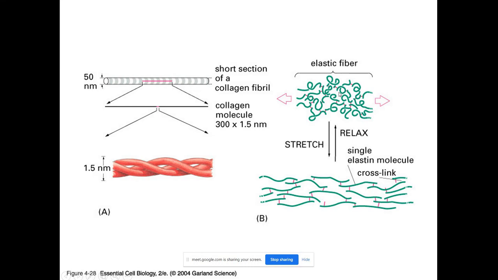When it is relaxed, it is in this form. When we wear them, it is stretched. When we don't wear them, it is relaxed. So here you are able to see this structure in B. Do you have any question now?